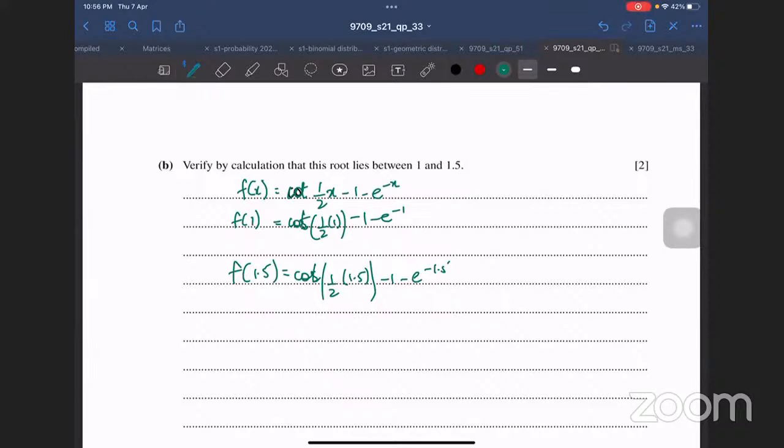My calculator needs to be in radians. It gives me 0.462. Then using 1.5, it gives me minus 0.1497. So change of sign indicates root.